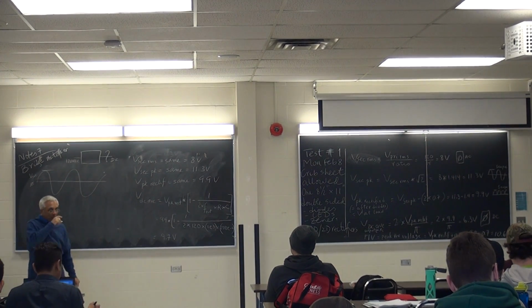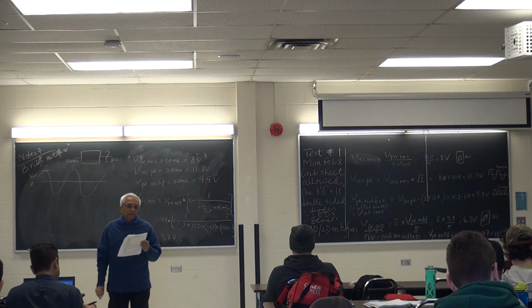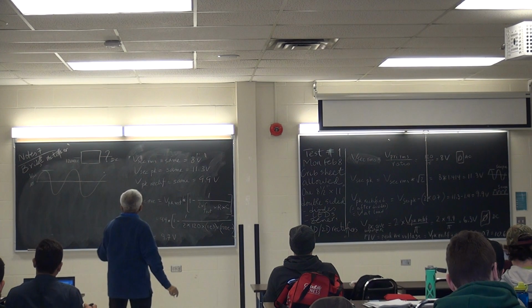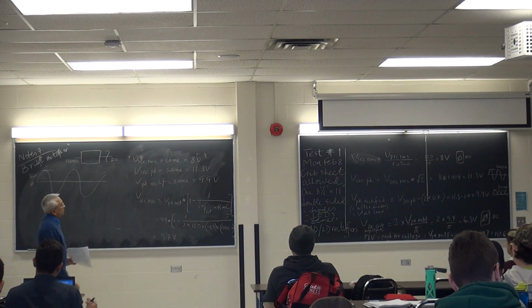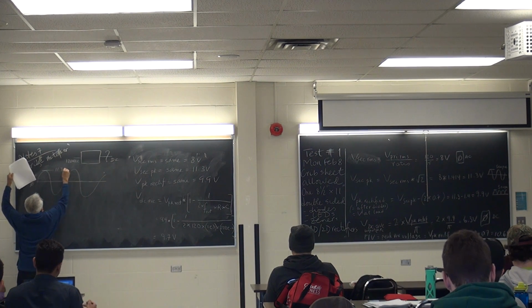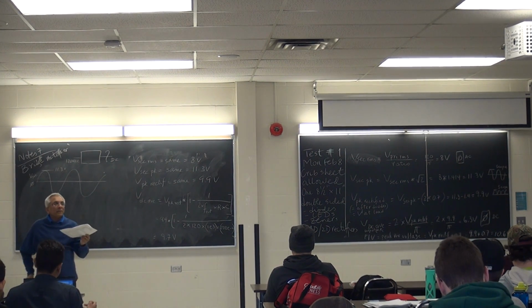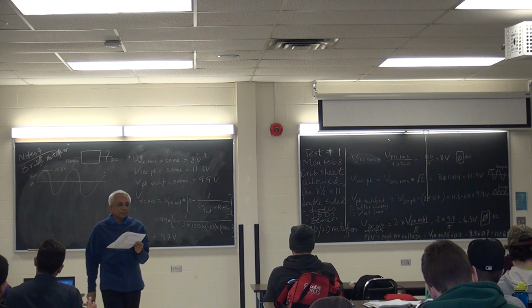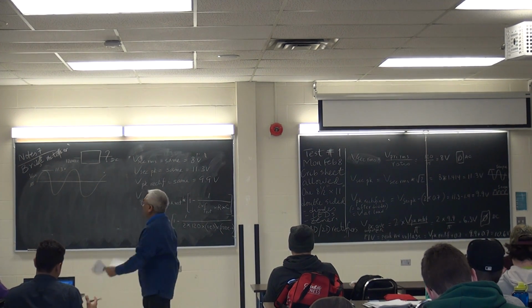Peak value, how much? Ripple peak? No, this is B secondary. 11.3. I'm on page 4, top graph. Bottom graph, B out.